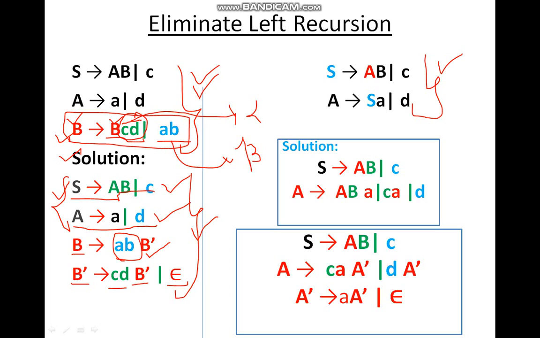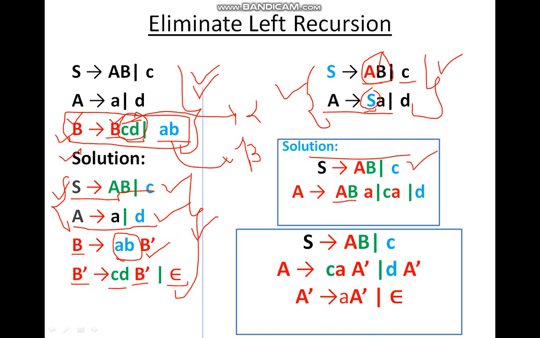Now see how to eliminate left recursion from this one. It is an example of indirect left recursion. So first of all you need to write this term as it is, and in place of S you need to put both alternatives here. So in place of S, first of all you would put AB.